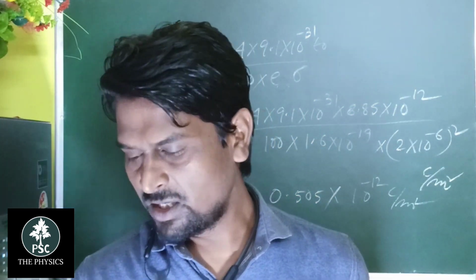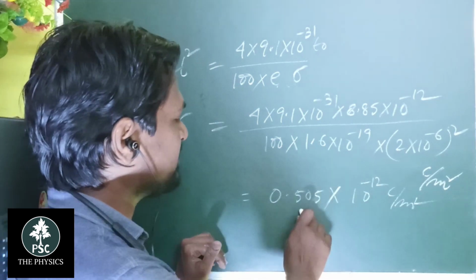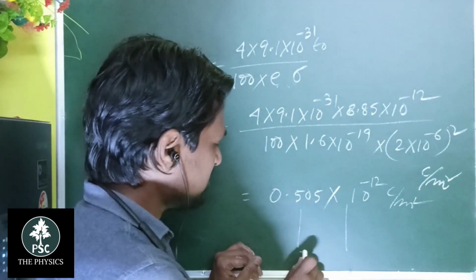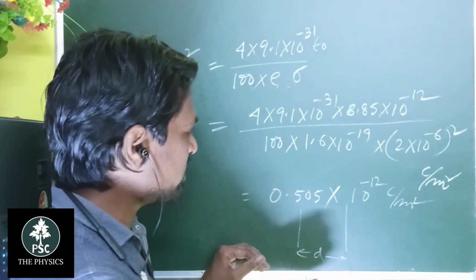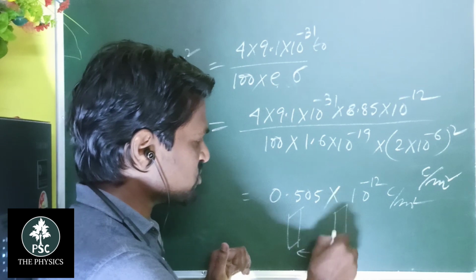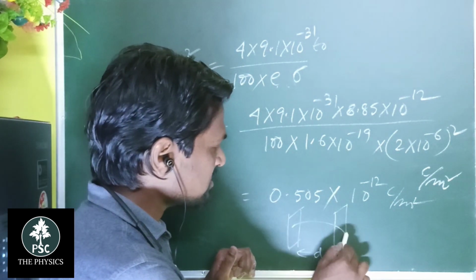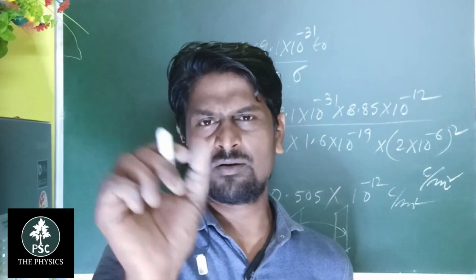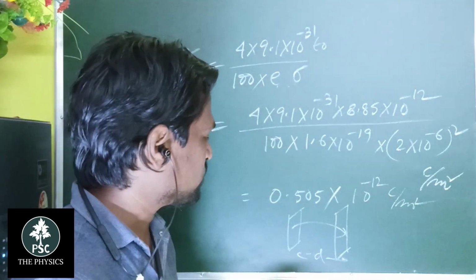Okay students, I think it is a simple one. Again I repeat, there is a plate separation given, and you have to calculate the surface density of charge on that plate, where the electron moves from one plate to the other in 2 microseconds.